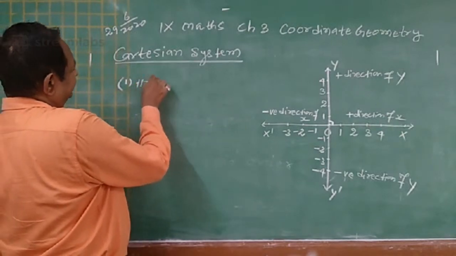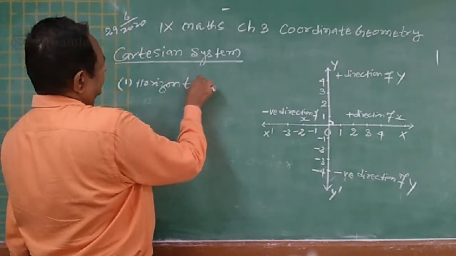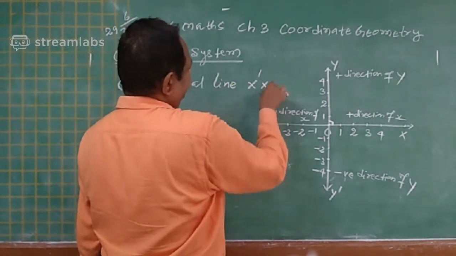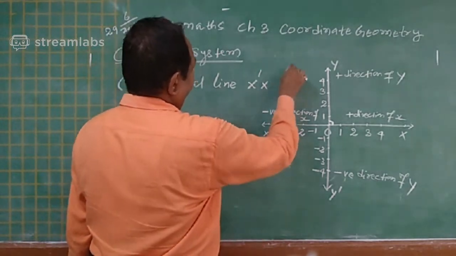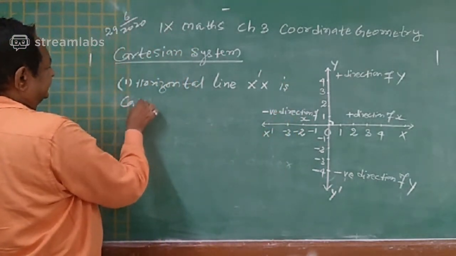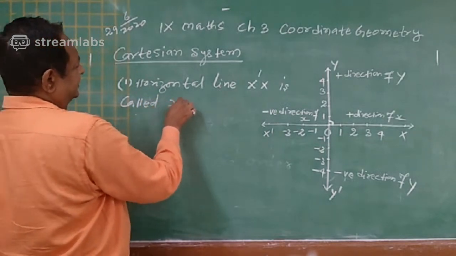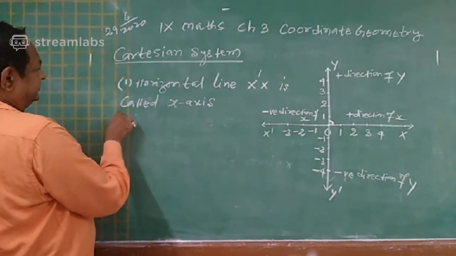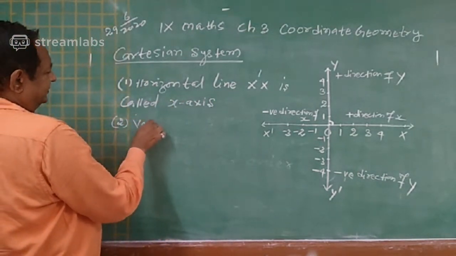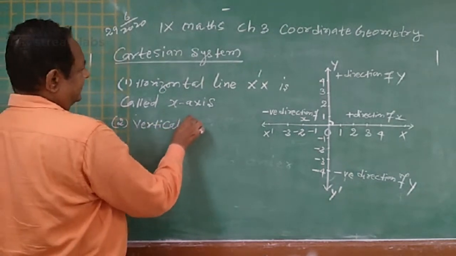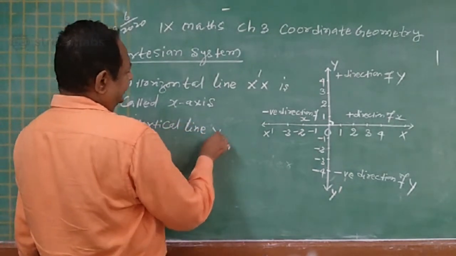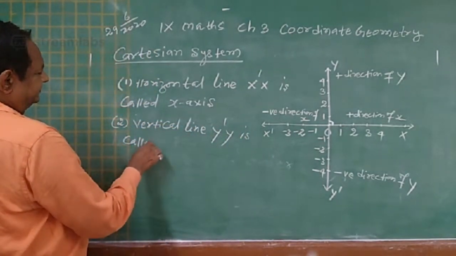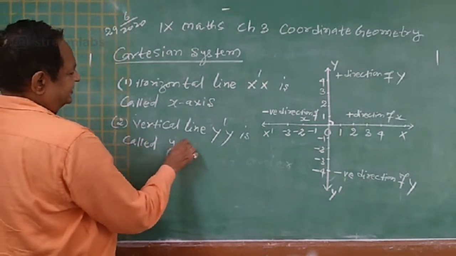Point number 1: the horizontal line x dash x is called the x-axis. Point number 2: the vertical line y dash y is called the y-axis.